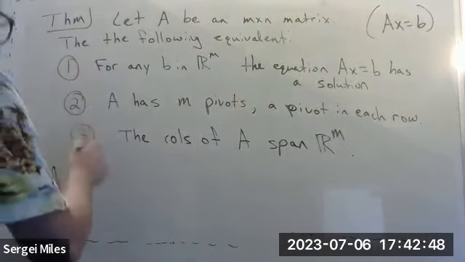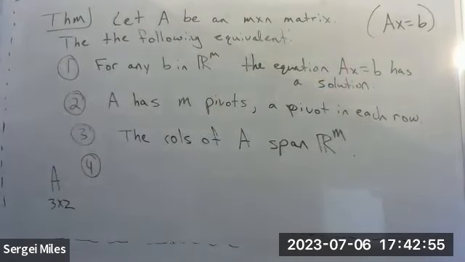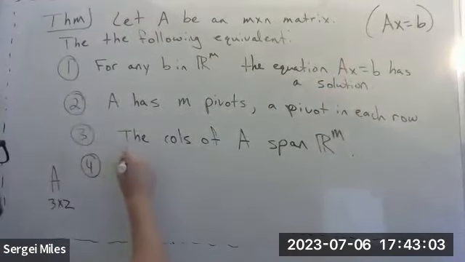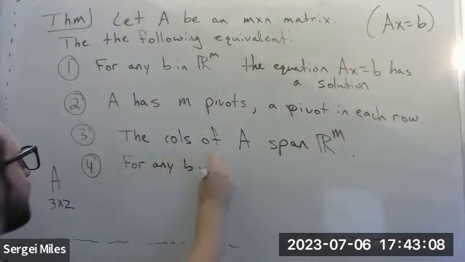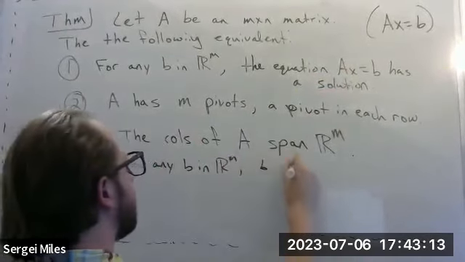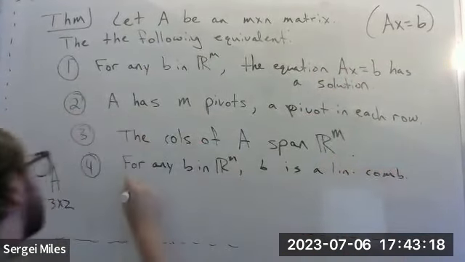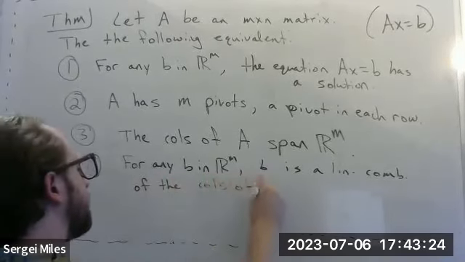And so that's the last piece here, because remember, with that fact we had earlier, having a solution to a matrix equation means you're a linear combination. So this is the same thing as saying for any B in Rm, B is a linear combination of the columns of A.